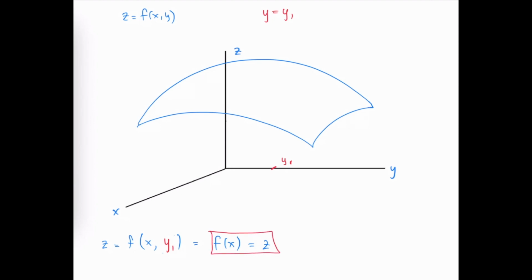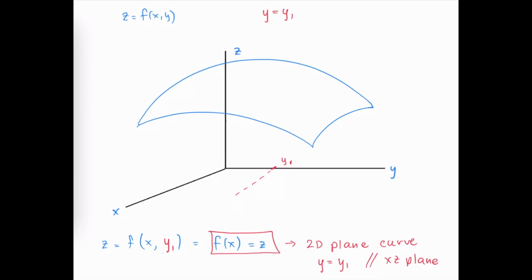We would only be looking at a changing x quantity in order to get that corresponding output z value. What that would give us is a two-dimensional plane curve, or a curve that exists entirely within some plane. And the plane that it would exist in is the constant plane y equal to y1, which again is parallel to the xz plane.